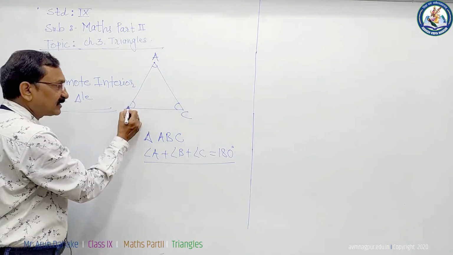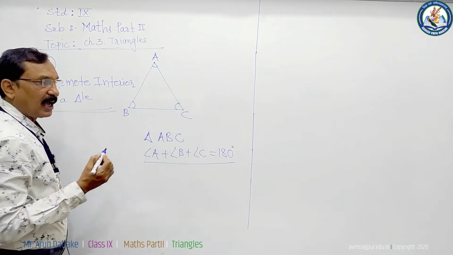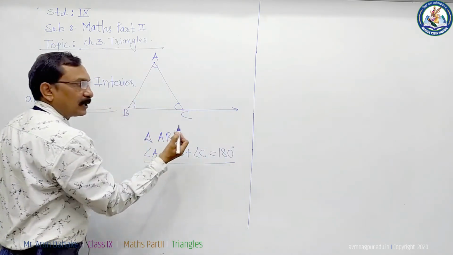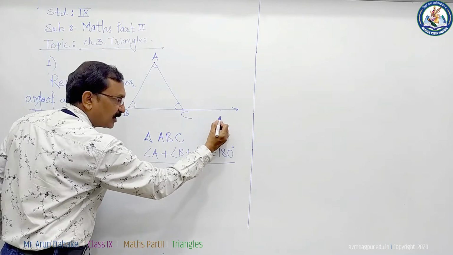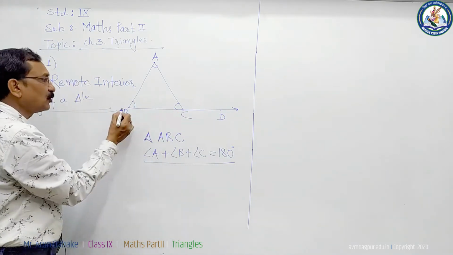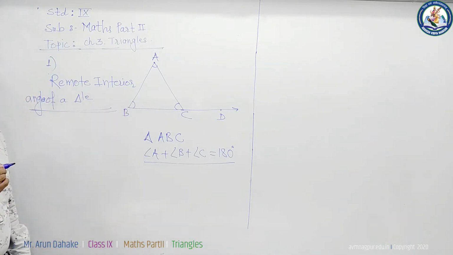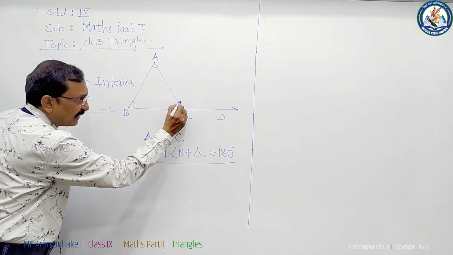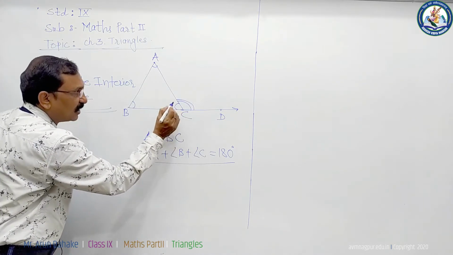Now, ABC is a triangle, and BC is extended to D, that is BD is the ray, or you can call it a line, and extend it here also. Now, we'll see that ACD is an exterior angle of a triangle.